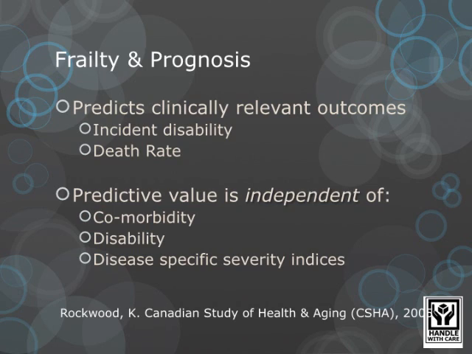So frailty does predict clinically relevant outcomes, and it is independent of disability, and it shows incident disability and death rates. And its predictive value is independent of comorbidity, so that's multiple morbidity. It's independent of disability and other disease-specific indices.